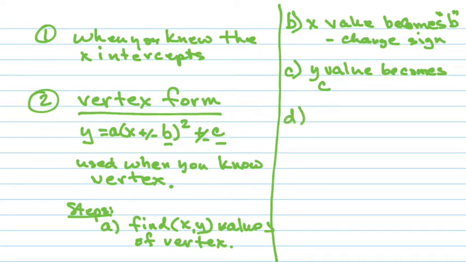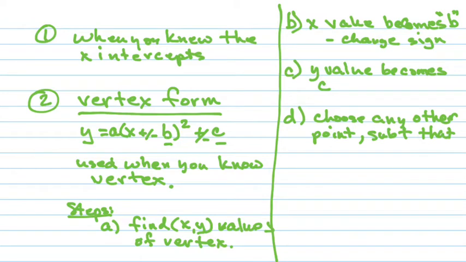D. Choose any other point. So this is where it becomes just like the other one. Choose any other point and substitute that to find a. You're just going to plug in those values for x and y and then solve the equation to find out what your a is.